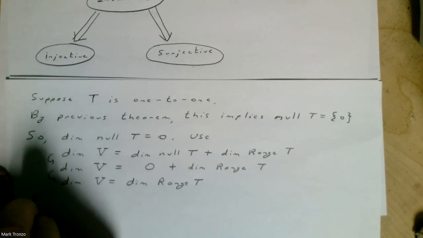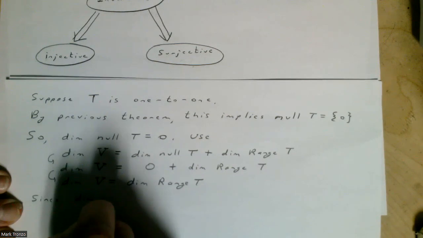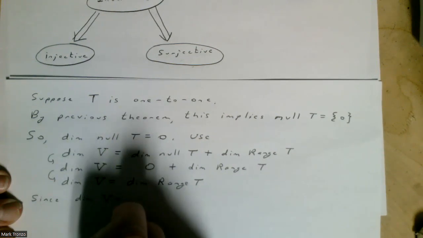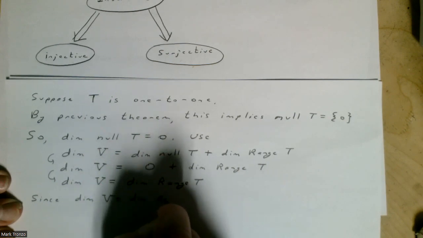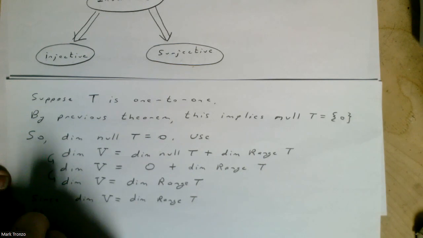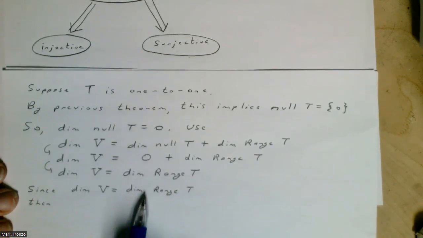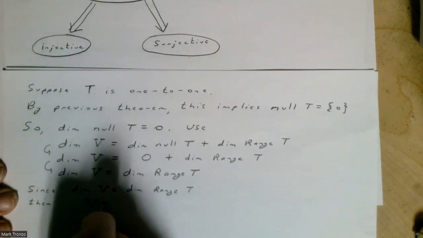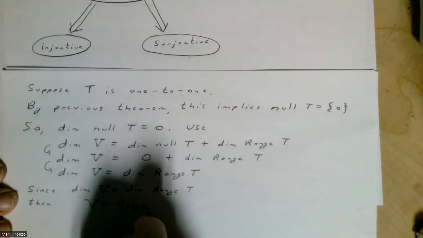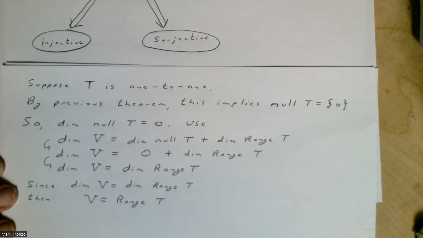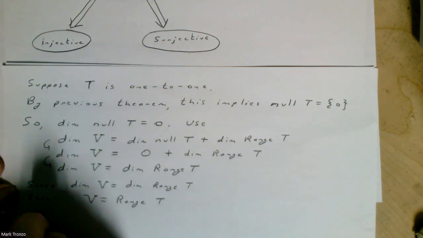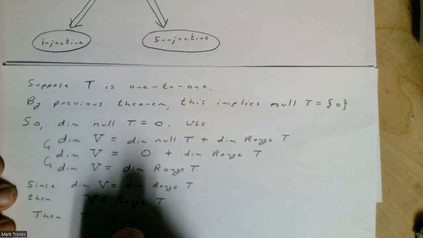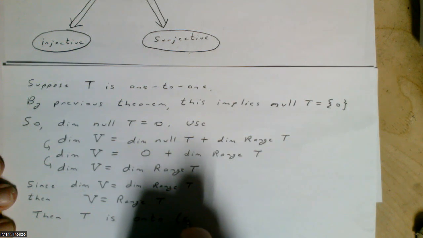And also, since the dimension of V equals the dimension of the range of T, and since this has to be a subspace, you remember from before, if we have a subspace with dimension equal to the dimension of the space itself, that means the spaces have to be equal. So then T is onto, surjective.